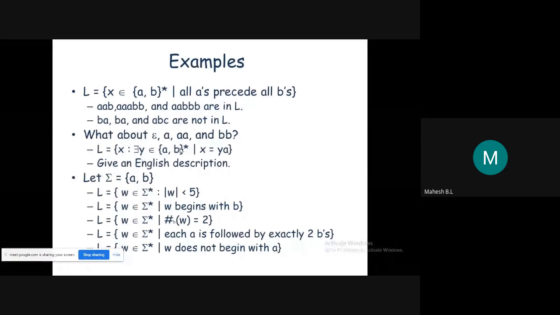That is, X is the string which belongs to L. But X is equal to YA, where A is a symbol. What is Y? Y is nothing but set of strings which are formed using A comma B. Okay.